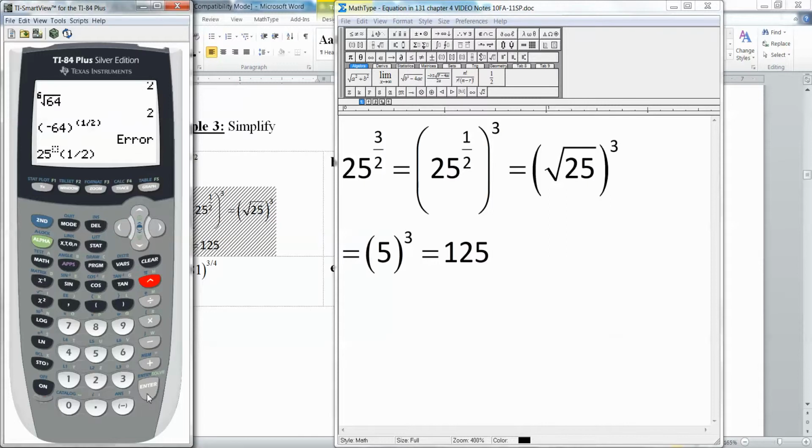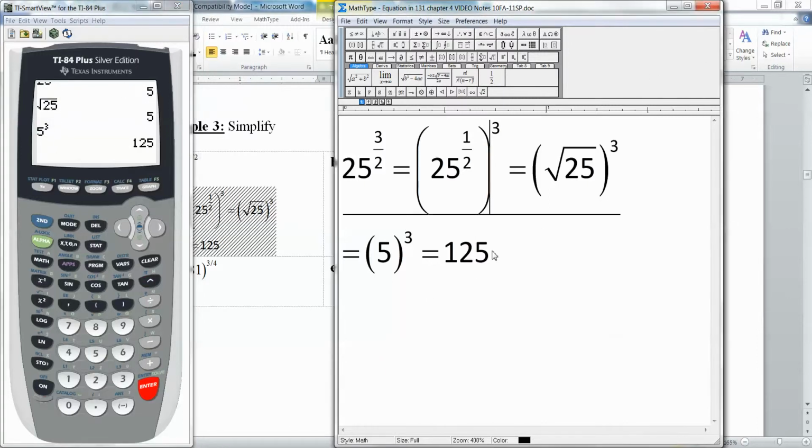Caret. It's not going to like me. To the 1/2. I got rid of the parentheses on that because I was getting annoyed. And I pressed enter. There we go. It's 5. Or you could do second square root 25. Same thing. And then you'd want to take 5 to the 3rd power, and it's 125. Just like I said it was. It's like I'm a math teacher or something.